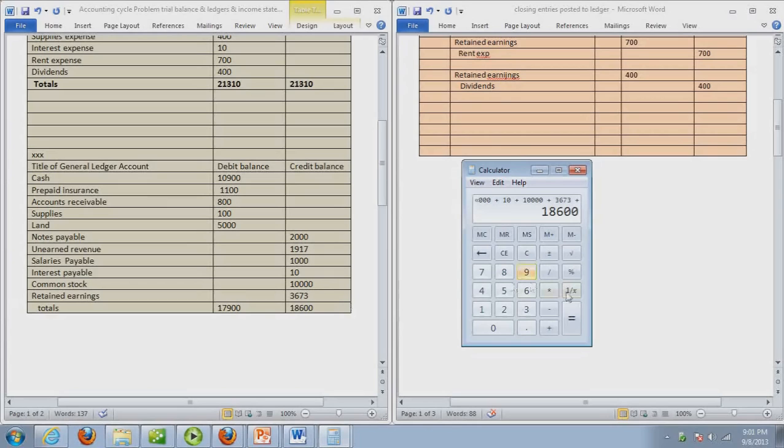So I'm off by, so if you make an error like that, take the difference between the two sides, and let's see, okay, we're off by 700.